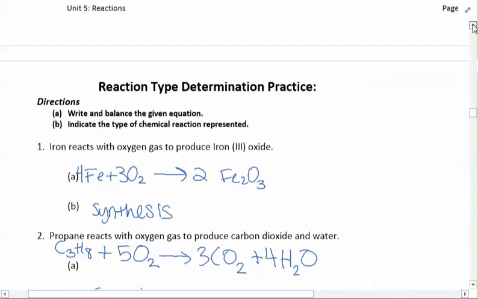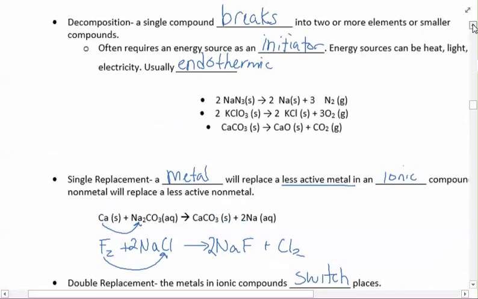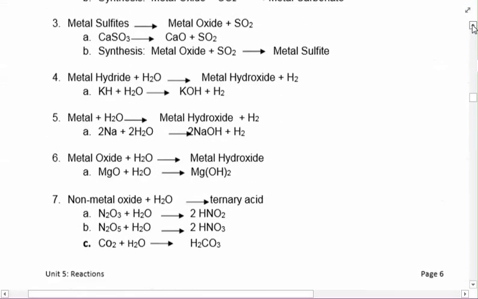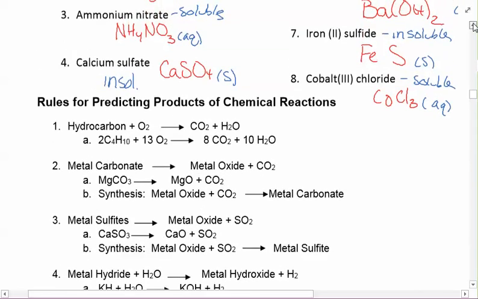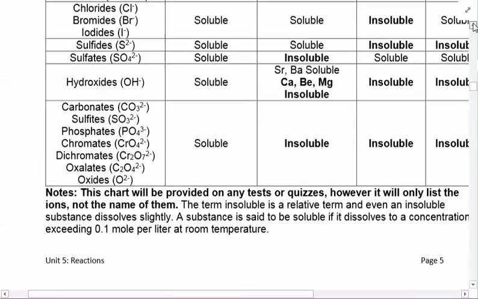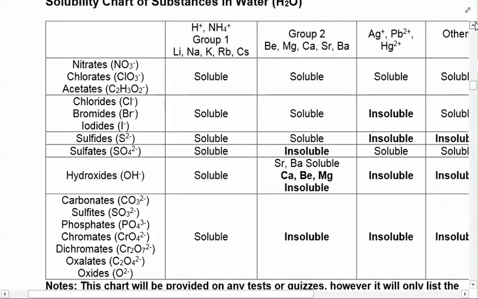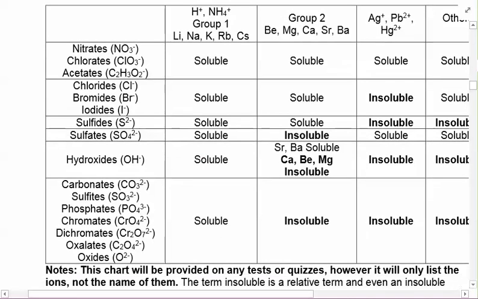So if we take a look, we had hydrogen and chlorine, it's soluble. We had sodium and chlorine, which is soluble. And we had sodium and hydroxide, which is also soluble. So we have all soluble things, so all of those are going to be aqueous.